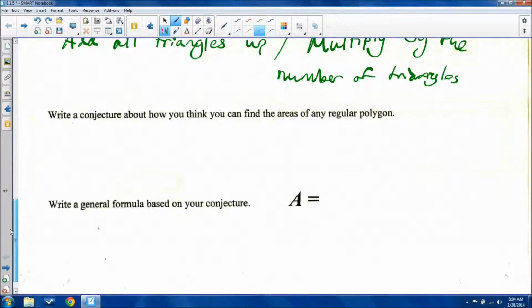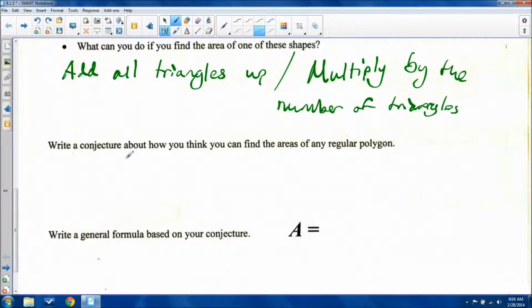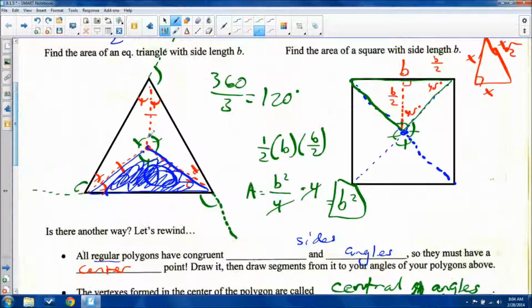So here's what's up. Check this out. We're going to write a conjecture about how we think we can find the areas of any regular polygon. So here was a regular triangle and a regular quadrilateral, right? Equilateral triangle and square. If I did the same thing here, I find the area of this triangle. It's just a little more difficult because you saw before how we had square root, blah, blah. If I found the area of this triangle, I'd multiply it by what? 1, 2, 3.